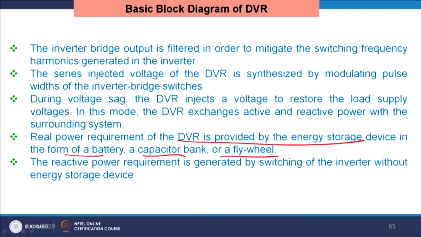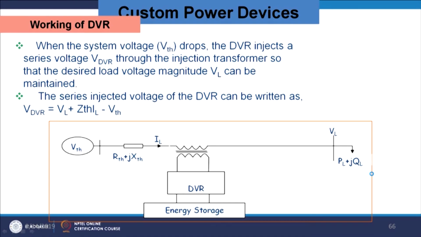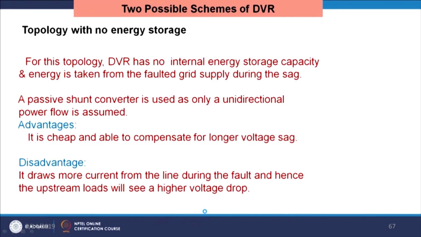The reactive power requirement is generated by the switching of the inverter, and without requiring any storage device, you can generate it with the help of the angle between the voltage and current. Similarly, we can inject this current and we can write it in a Thevenin form. In that way, we can calculate the storage rating of the device.